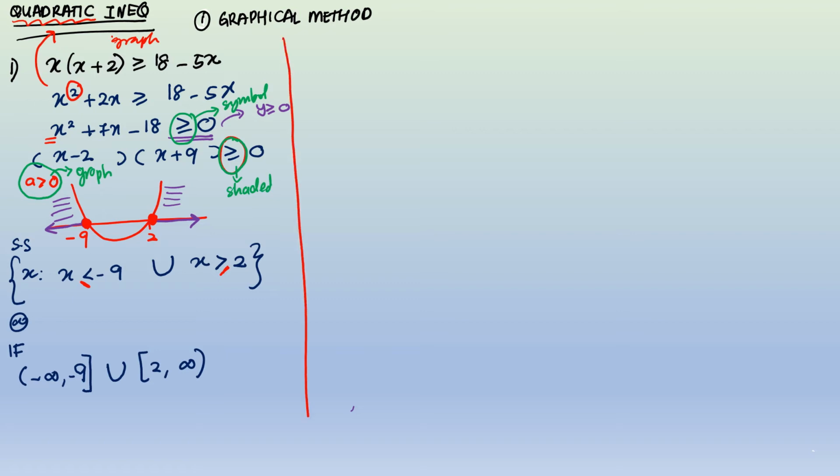Alright, next, example number 2: you have 10 plus 4x less than x squared plus x less than 12. As you can see here, this is our quadratic inequalities.